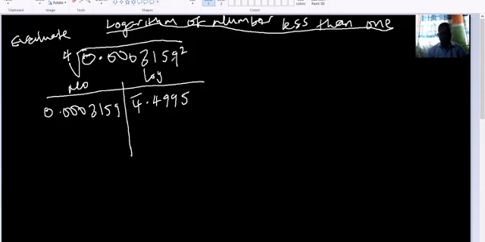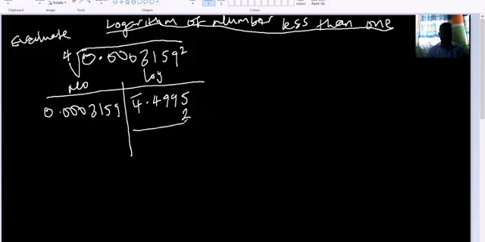Then for the square here, you simply multiply by 2. So if you want to multiply this one by 2, you can have this one like this. So you can place the 2 here.